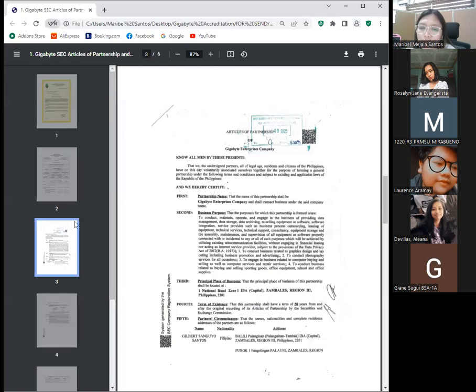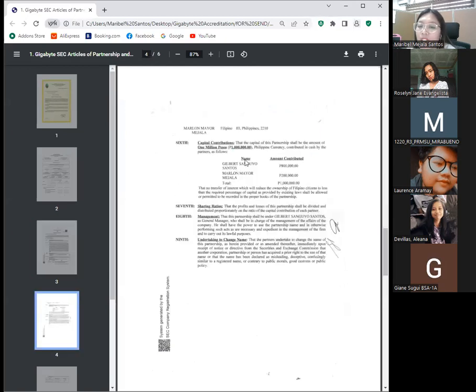Who are the partners? Ayan. How much ang contribution? Ito yung nung nakaraan, di ba, tinanong ko, how are we going to share the profit? This is the sharing ratio. That the profits and losses of this partnership shall be divided and distributed proportionately on the ratio of the capital contribution of each partner. It also tells here about the management and the undertaking of changing names. So, that's it.